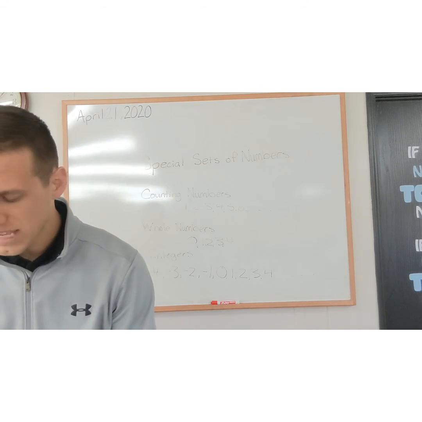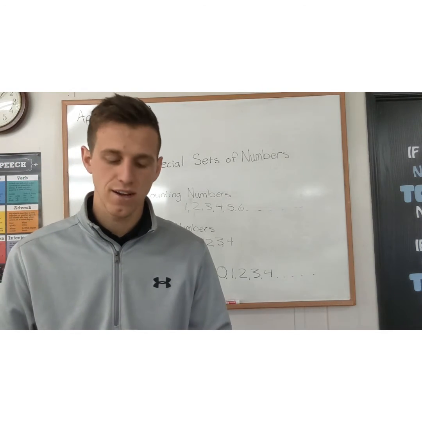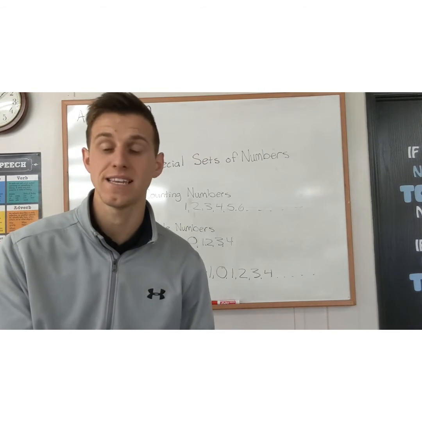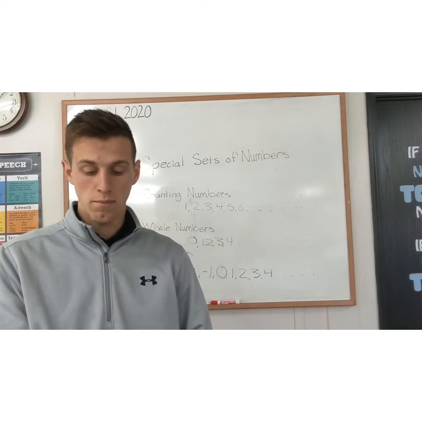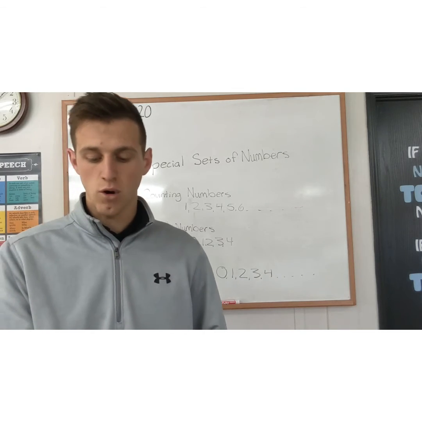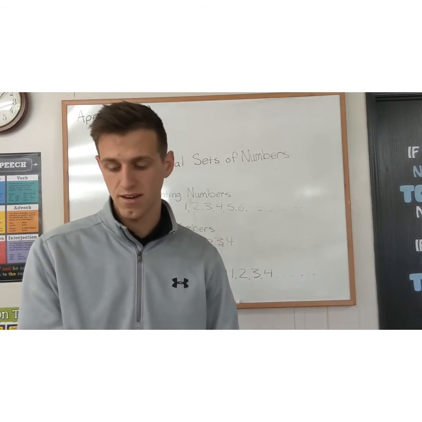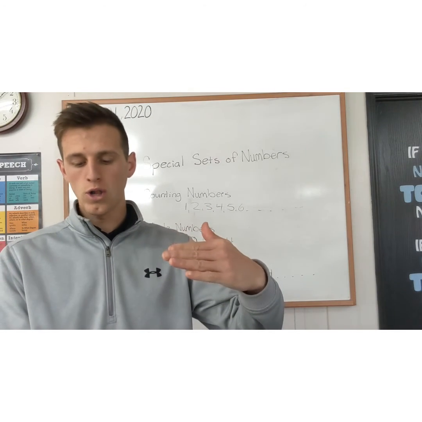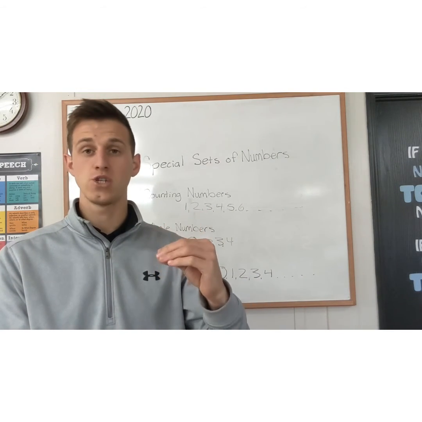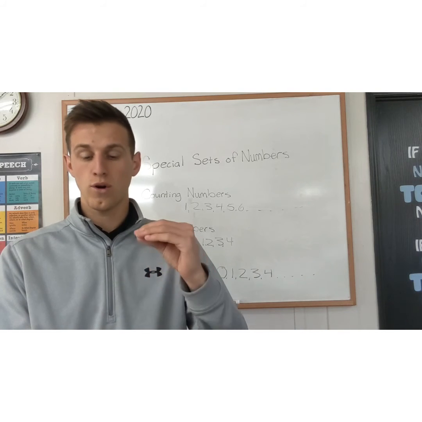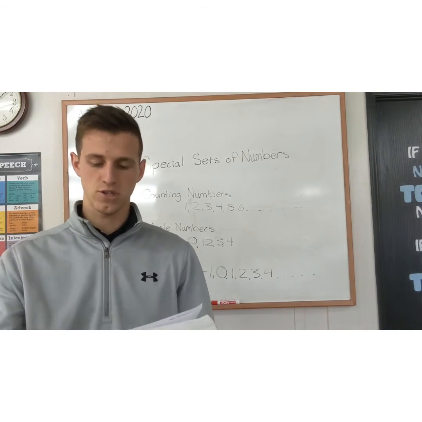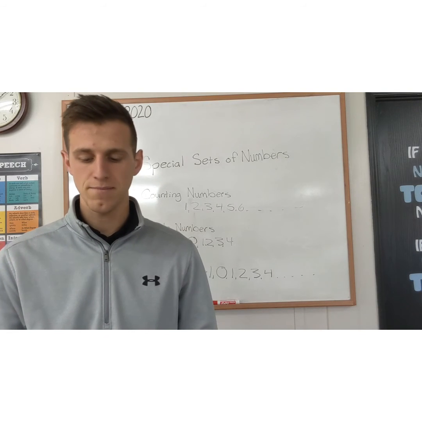It says all of these are infinite sets of numbers, but the set of counting numbers is a subset of the sets of whole numbers and integers. The set of whole numbers is a subset of the set of integers, all right? So you guys notice that? So all of our counting numbers are going to fit into our whole numbers, and all of our whole numbers fit into our integers. So they're subsets of each other, okay?